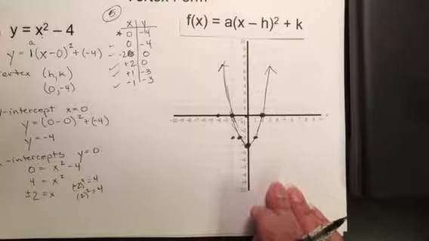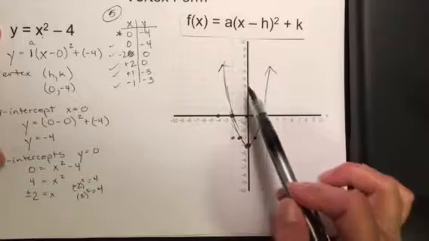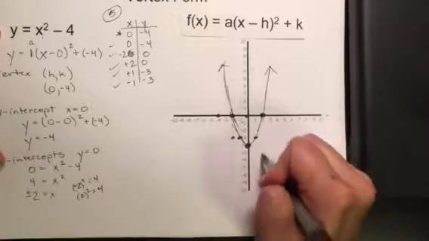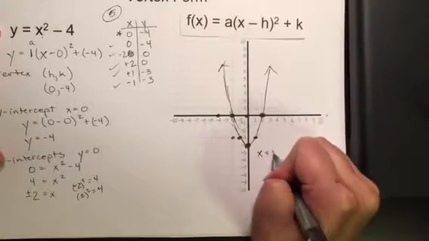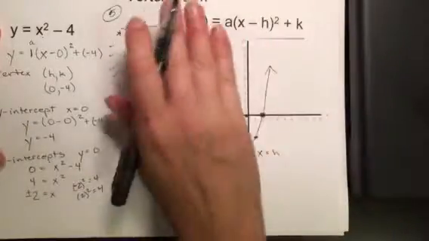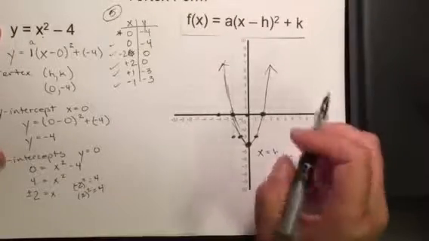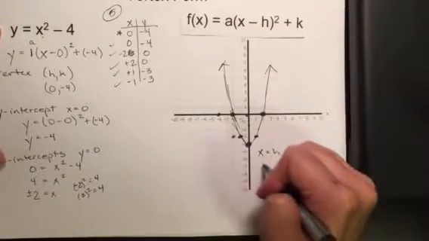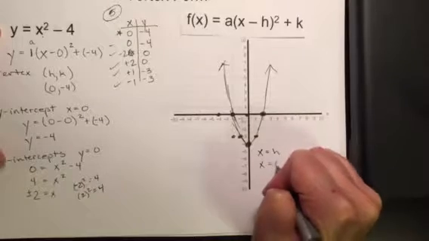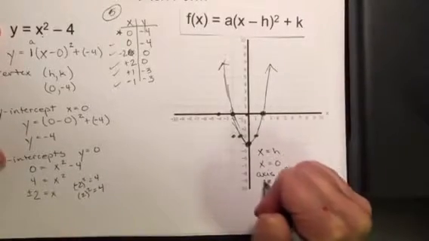The only other thing I have to do is talk about the axis of symmetry. The axis of symmetry is the vertical line at x equals h. Visually, we can see that too. The axis of symmetry is where you have that mirror image. So x equals h, which in this case is x equals 0. This is our axis of symmetry.